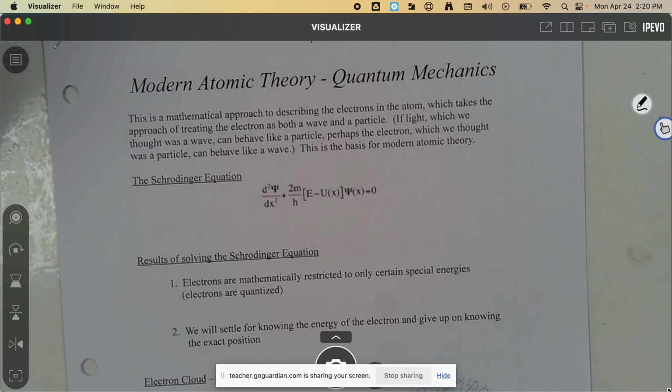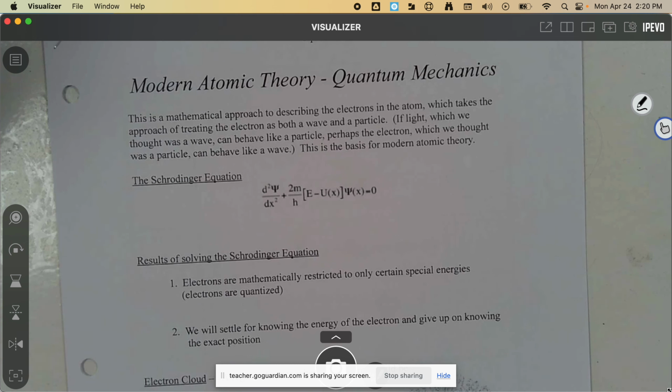The whole problem Bohr really ran into was that he assumed that the electron was a particle, which is a logical conclusion. Protons are particles, neutrons are particles, atoms are particles. He went forward assuming that that's all there was to the story of the electron, when in fact the electron shows what's called wave-particle duality.